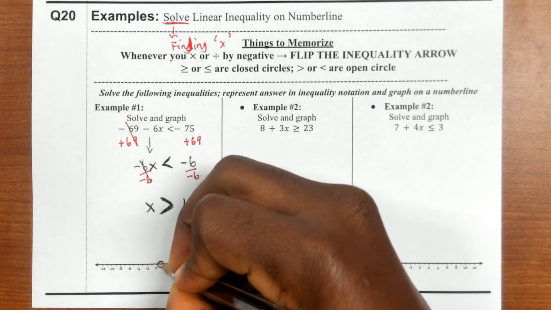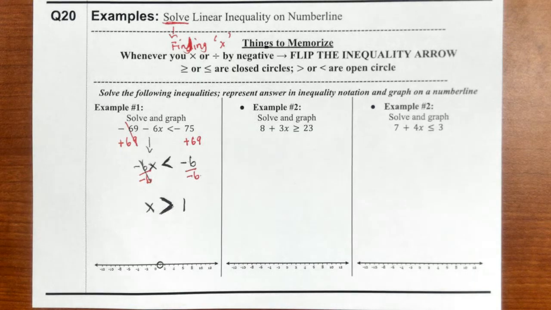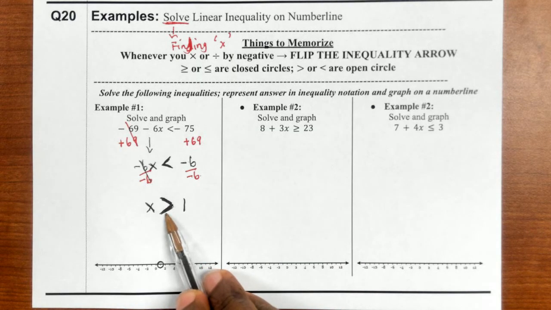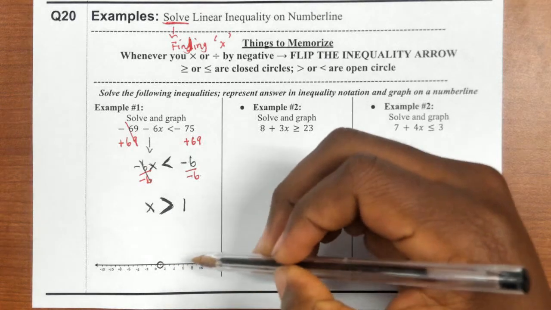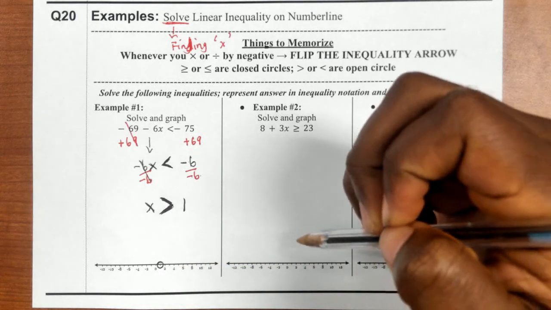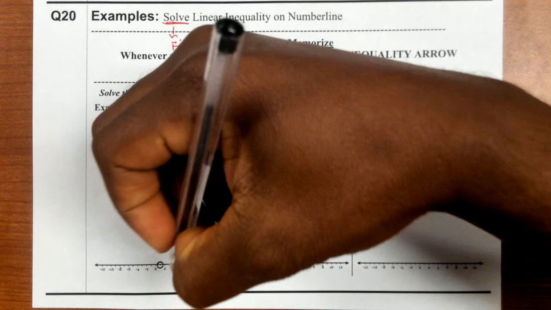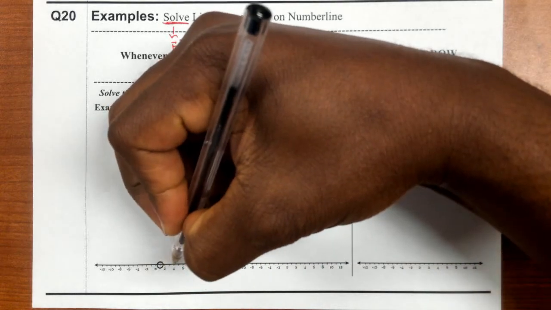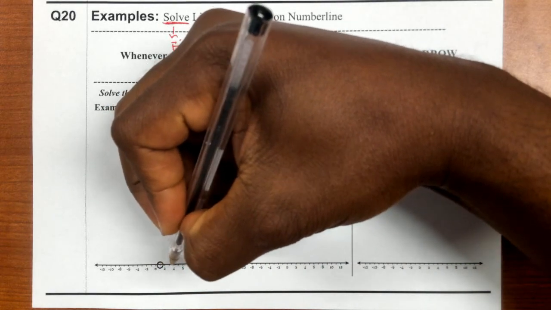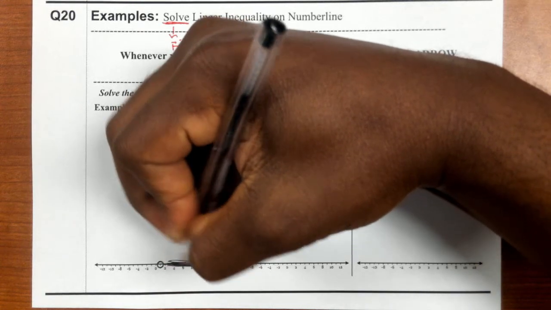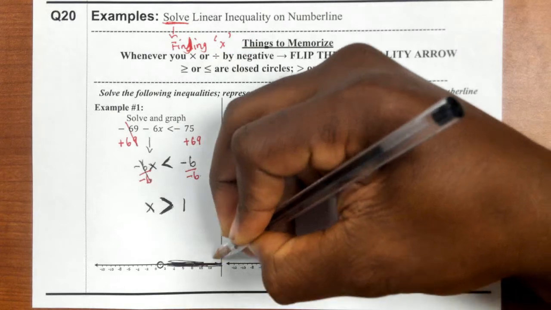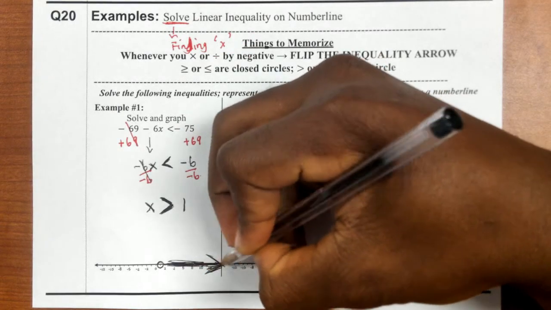So this is saying that x is greater than 1, but does not include 1. All the numbers greater than 1 are 2, 3, 4, 5, all the way to infinity. So it will be numbers to the right of my open circle. Just like that.